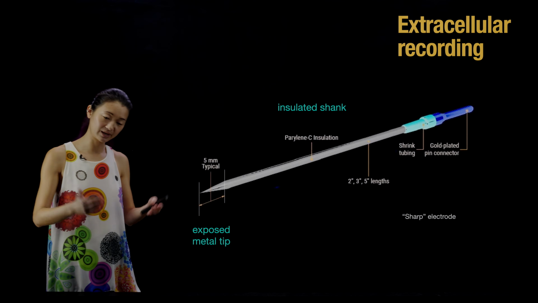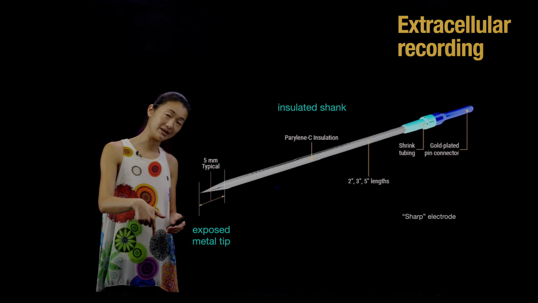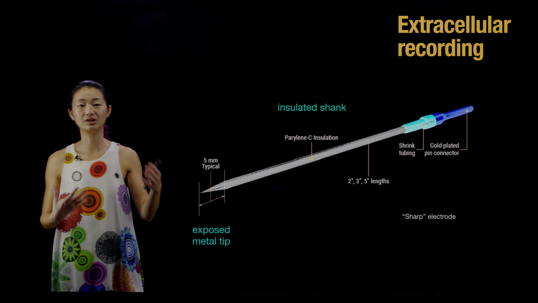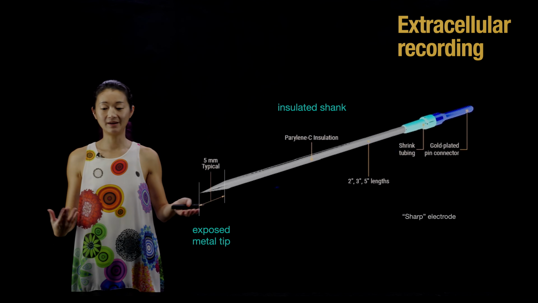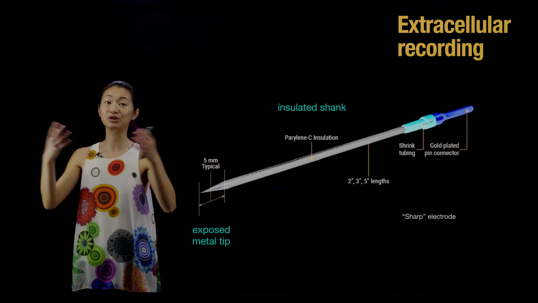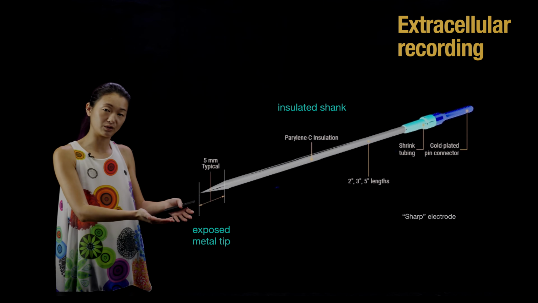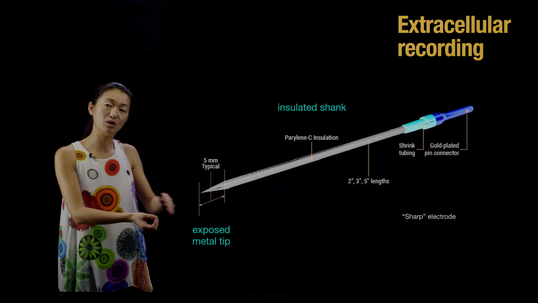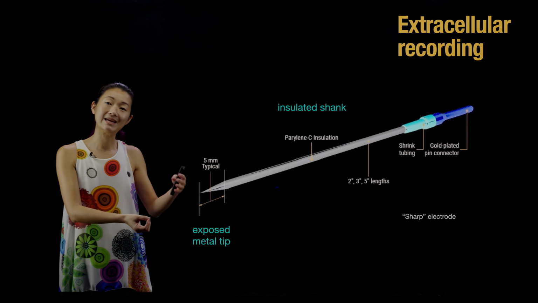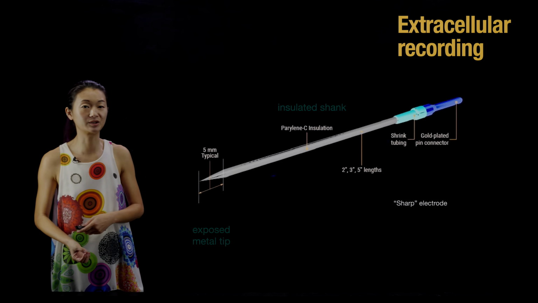You expose the brain and you start lowering it in. Because the cells are talking to each other, there are electrical potentials, and if you get close enough, in the same way that a radio antenna can pick up radio waves in the air, your extracellular recording electrode, because of its exposed metal tip, will pick up the electrical activity in the cells it's immediately next to. We're going to show you what that looks like.